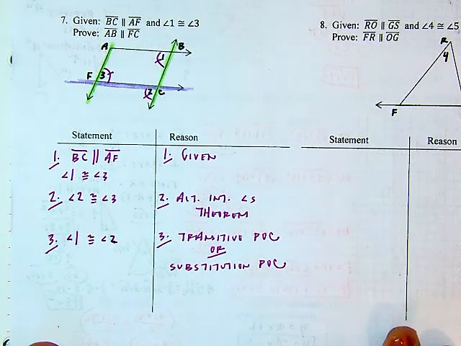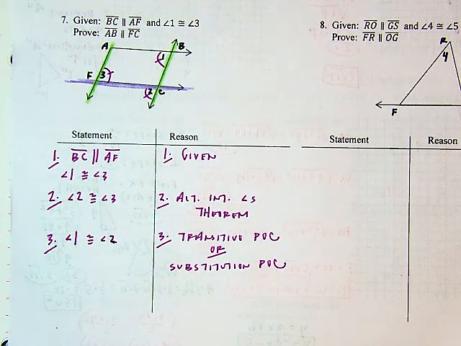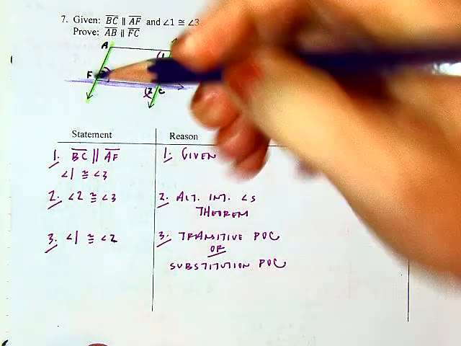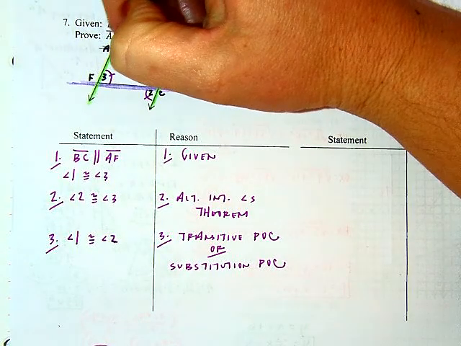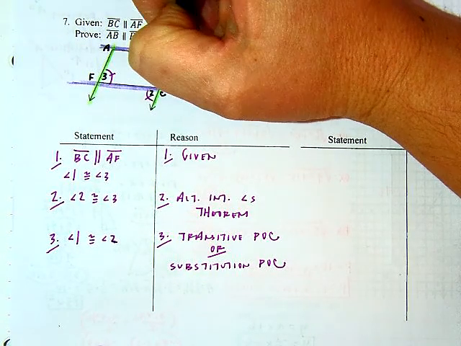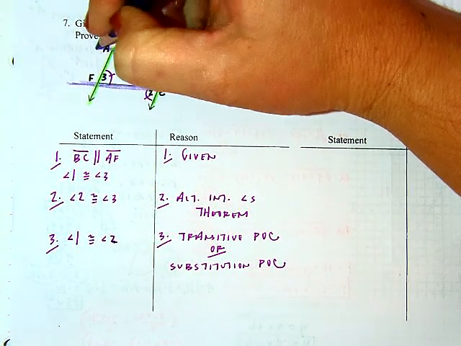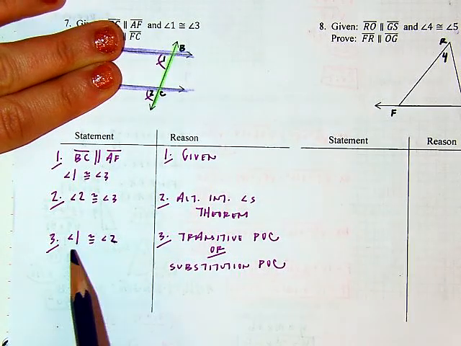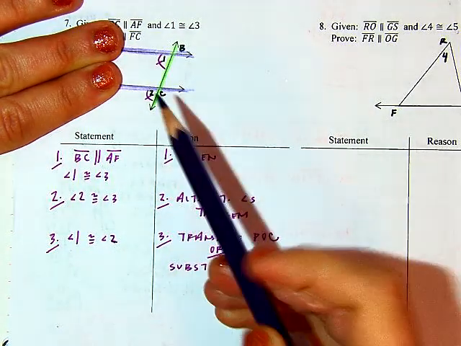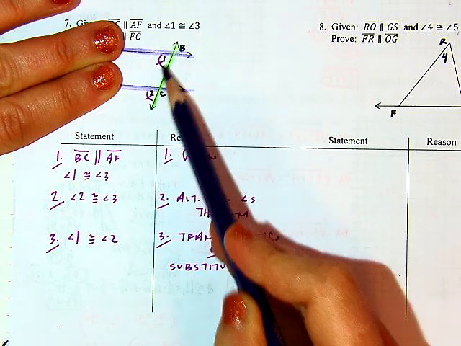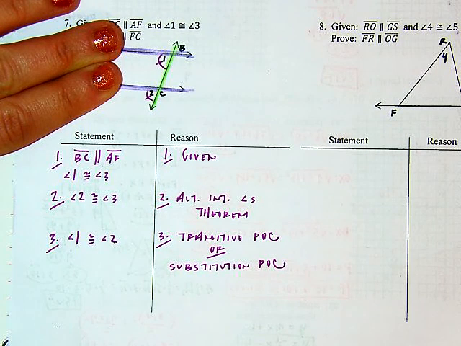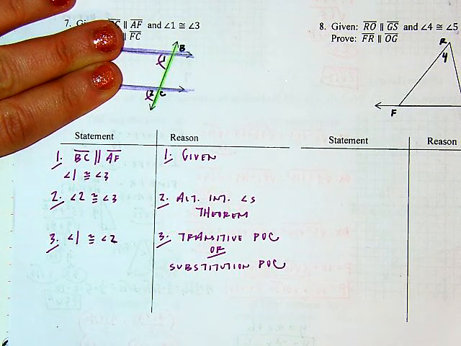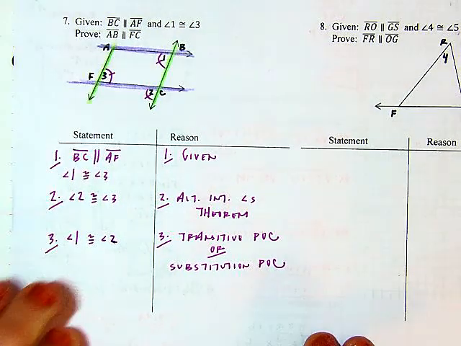Okay, so now, right, remember the end game. The end game is we're trying to get these purple pathways to run parallel. So if I block this part out for a moment, because I'm building off of 1 and 2, well, what kind of angles are 1 and 2? Well, 1 and 2 are corresponding angles, and since I have a pair of corresponding angles that are congruent, that leads me to my parallel pathways.